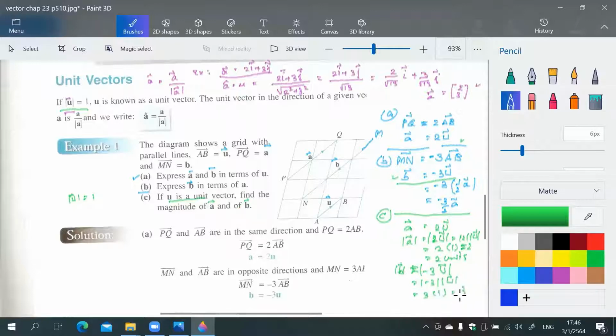So it equals 3 units. This is the definition and example of unit vectors. If you don't understand, review the example. I just talked about it one more time. Okay, and we go to the next example.